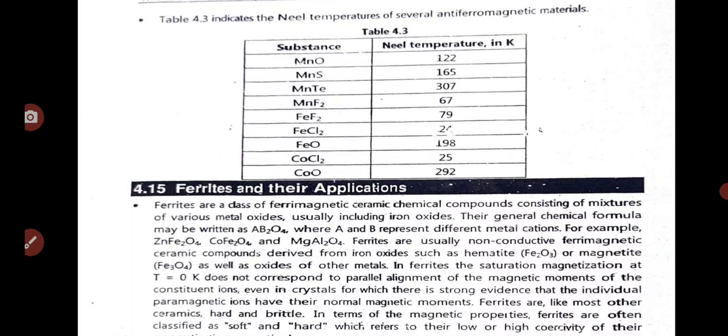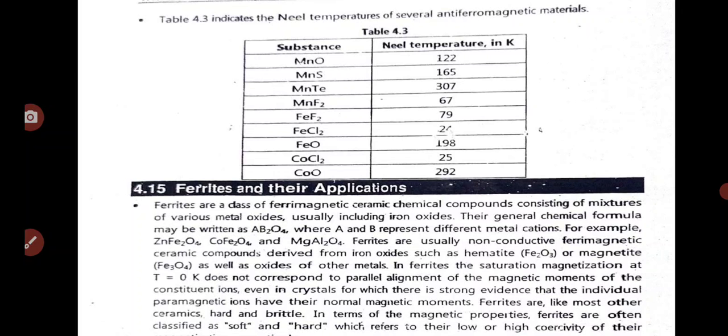Ferrites are a class of ferrimagnetic ceramic chemical compounds consisting of a mixture of various metal oxides. We have to see the mixture of materials, the various types of metal oxides, usually including iron oxide.